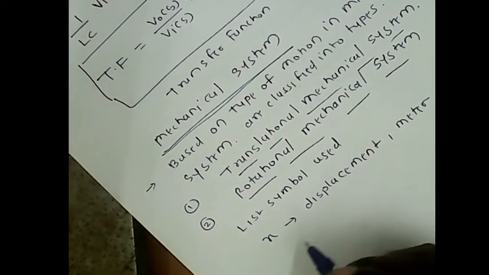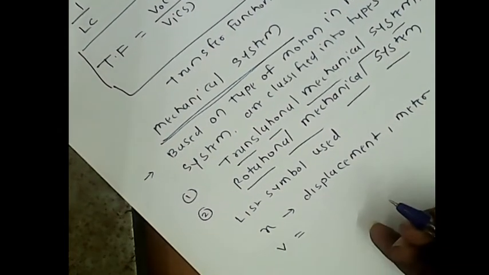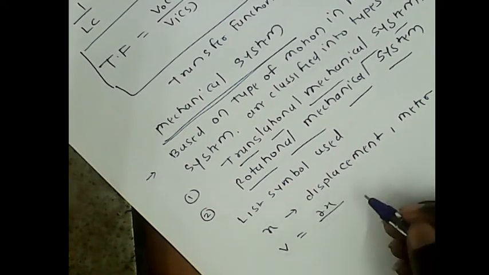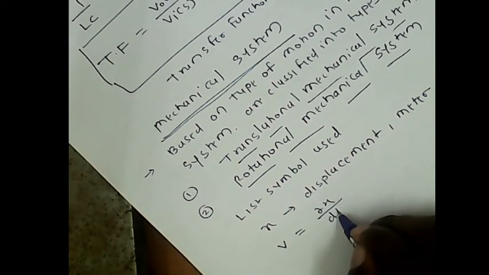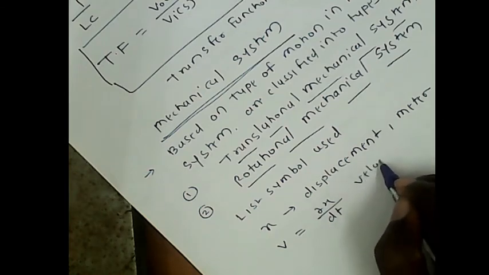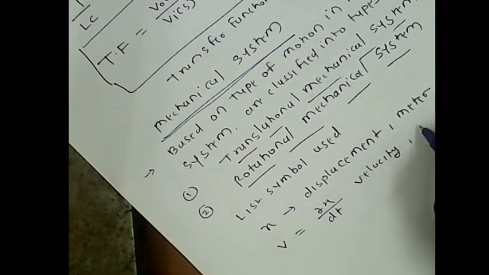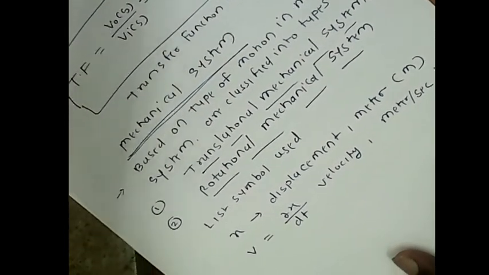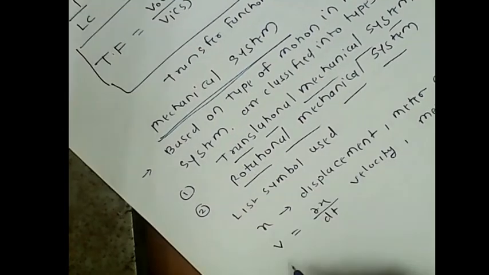Then velocity. The velocity in translation motion is given by the differential equation dx by dt, which is measured in meter per second. So that is to be measured in translation motion.